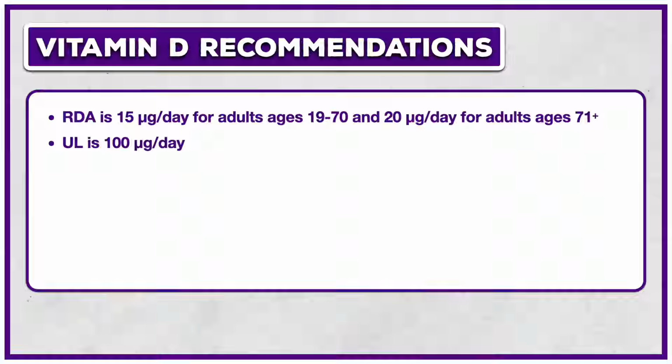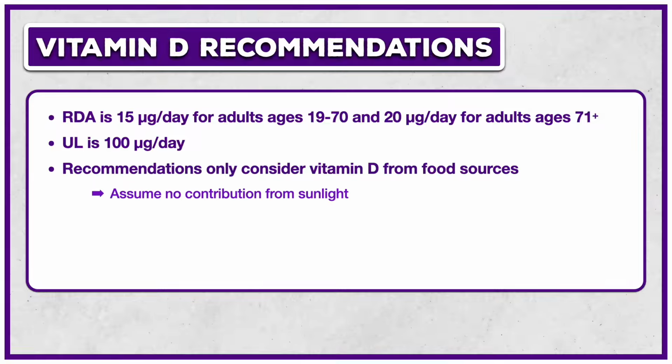The RDA for vitamin D is 15 micrograms per day for adults ages 19 to 70, and 20 micrograms per day for adults ages 71 and older. Meanwhile, the UL is 100 micrograms per day. These recommendations only consider vitamin D from food sources and assume no contribution from sunlight, which is difficult to measure.